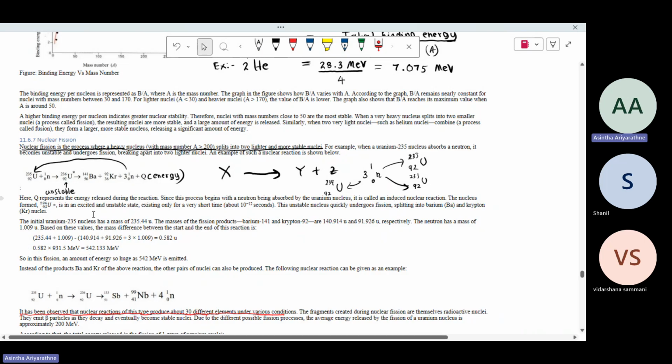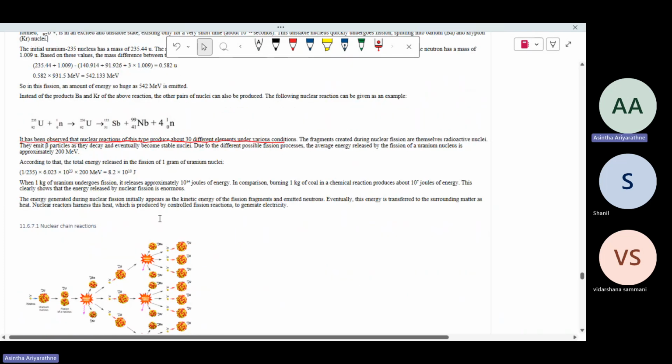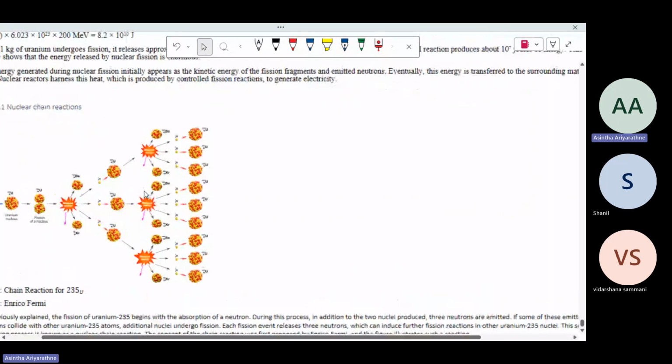So this process could happen continuously. Those types of processes are called nuclear chain reactions.